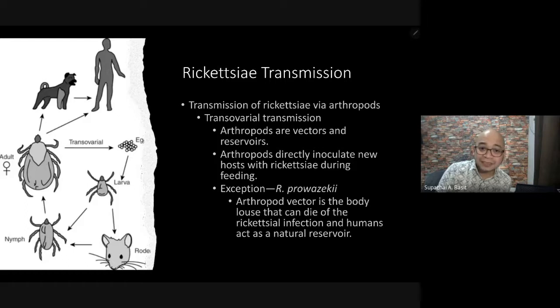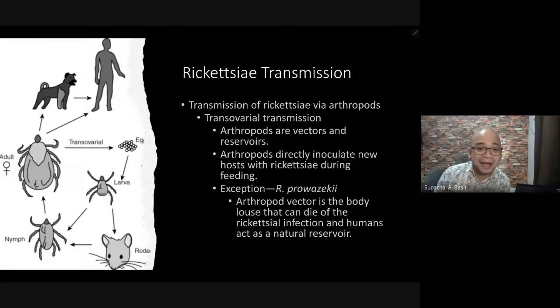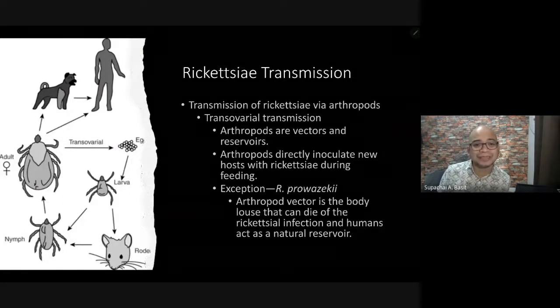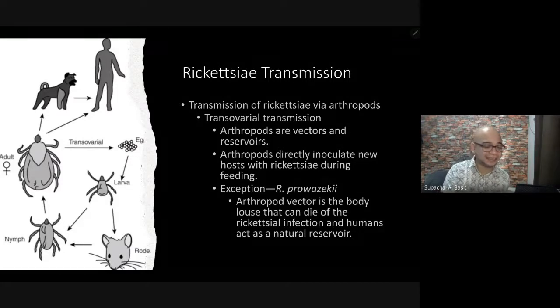Arthropods directly inoculate new hosts with Rickettsia during feeding, so whenever they bite you, with the exception of Rickettsia prowazekii, because for Rickettsia prowazekii, the arthropod vector is the body louse that can die of the rickettsial infection, and humans act as a natural reservoir. So it's the other way around for Rickettsia prowazekii. But for the rest of the arthropods, they are directly inoculating new hosts with Rickettsia during feeding.